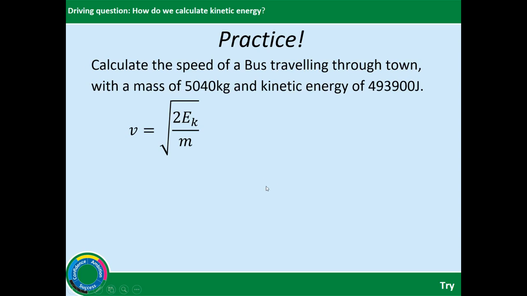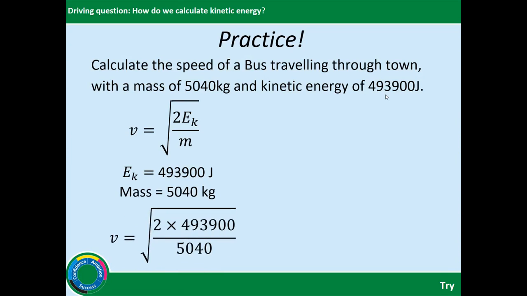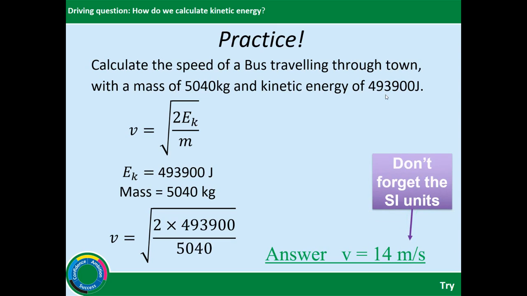Substitute a value for EK, which we know is 493,900 joules, and the mass is 5,040 kilograms. Substitute into the equation, this is what it should look like. Computing them with a calculator, your answer should have been 14 meters per second. Don't forget your units, please.